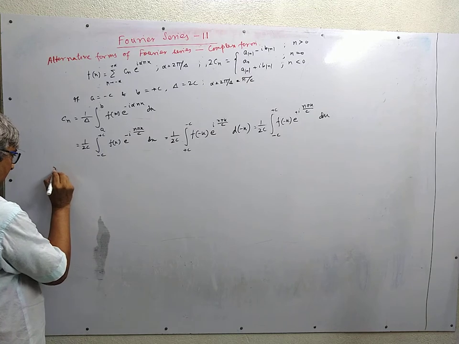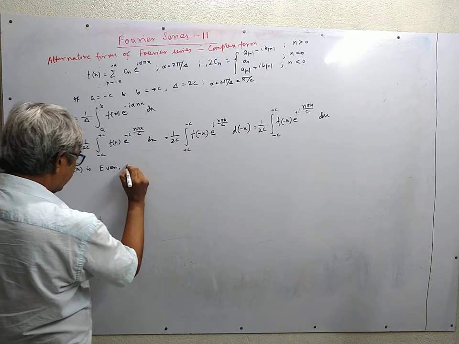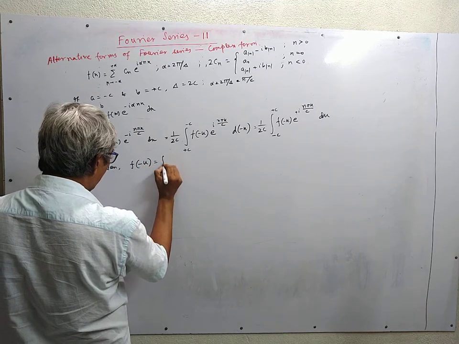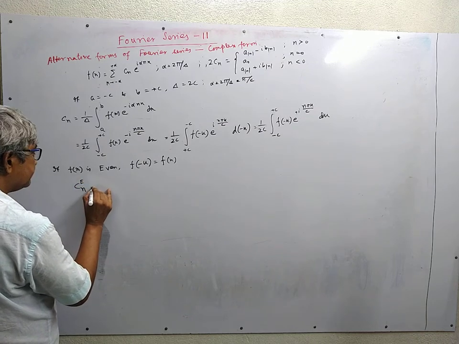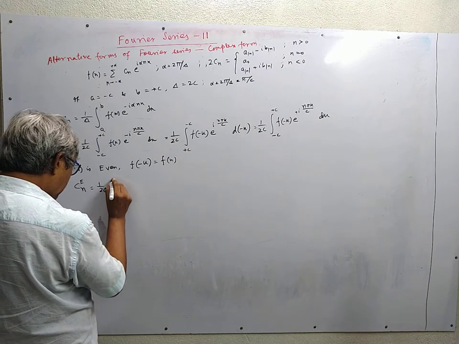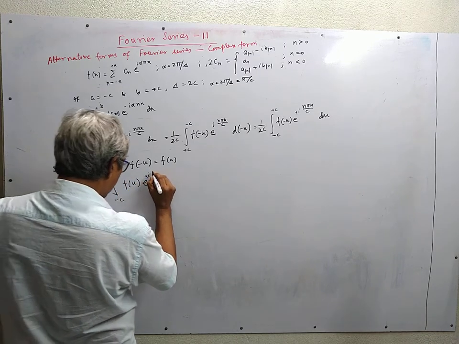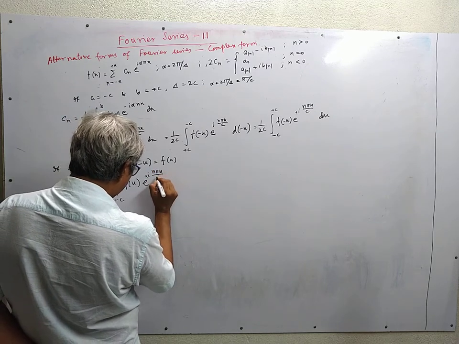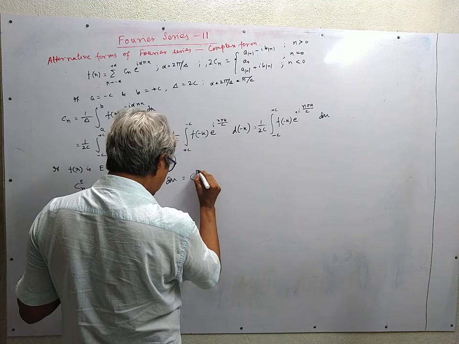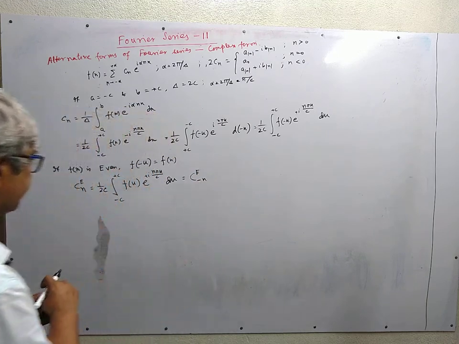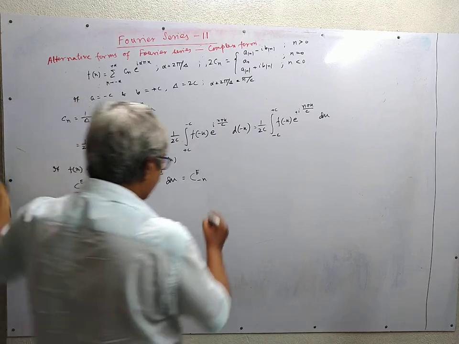Now, if f of x is even, then f of minus u is equal to f of u. Then we will have Cn even equal to 1 upon 2c integral from minus c to plus c f of u e to the power plus i n pi u by c du. This is C of minus n. So C of n is C of minus n for even, and we see what happens.